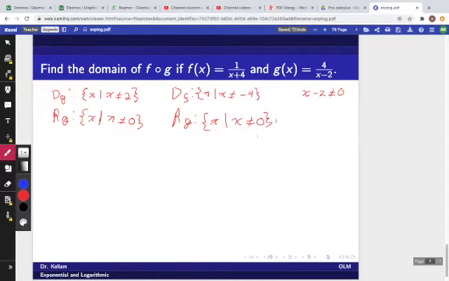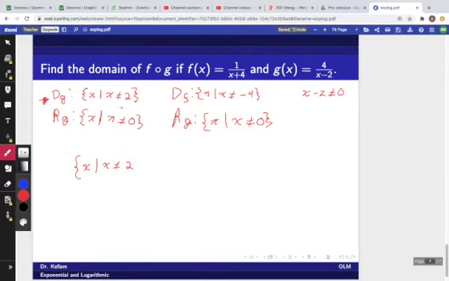This information will allow us to figure out the actual domain of f of g. First we look at the domain of g. It has a restriction: specifically, x cannot equal 2. So that's part of our domain.